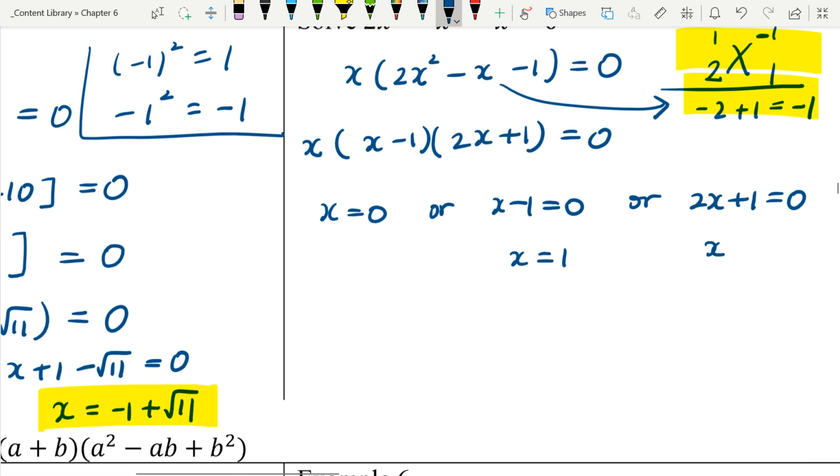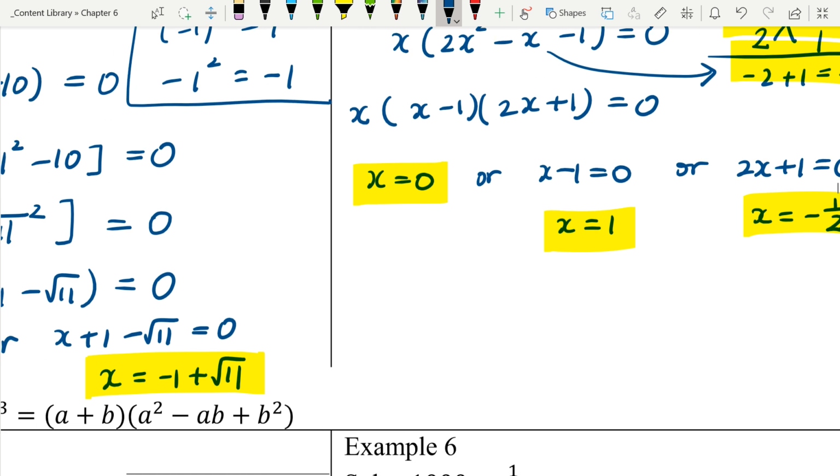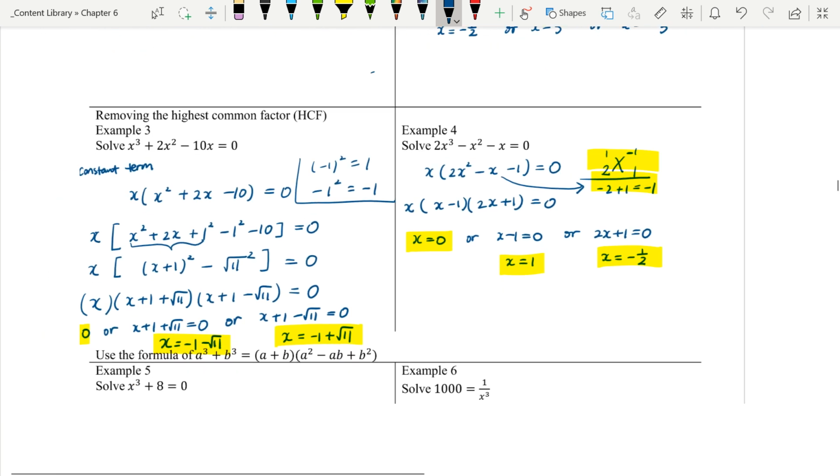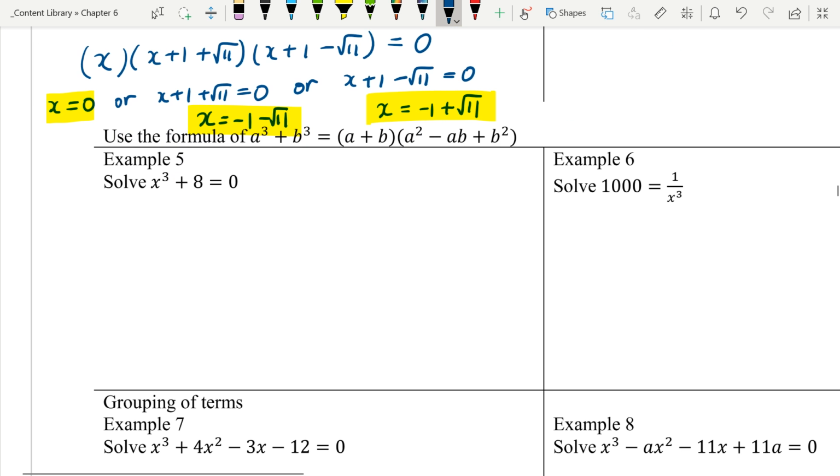That's x equals 1, that's x equals minus half. Okay, so 3 solutions here. These two are all right because we don't have a constant term.